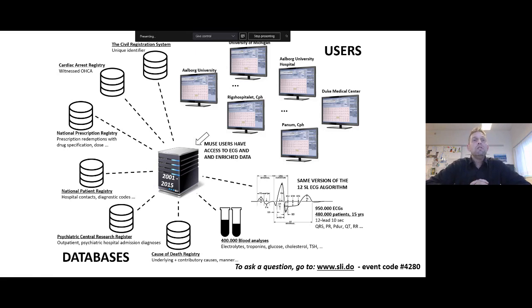But we've also been able to link the ECG measurements to the Danish health registries that have detailed information about the medicine and diagnosis and causes of death in these patients. And this is a very strong setup because it allows us to study the associations between ECG measurements and the development of disease.